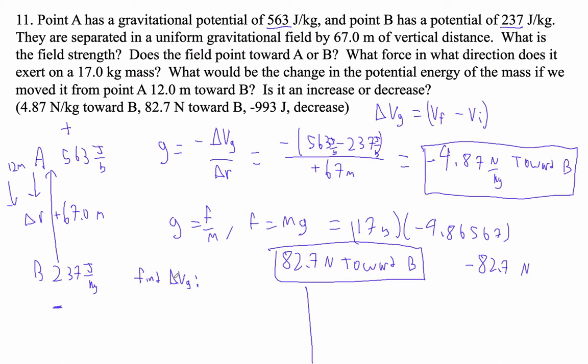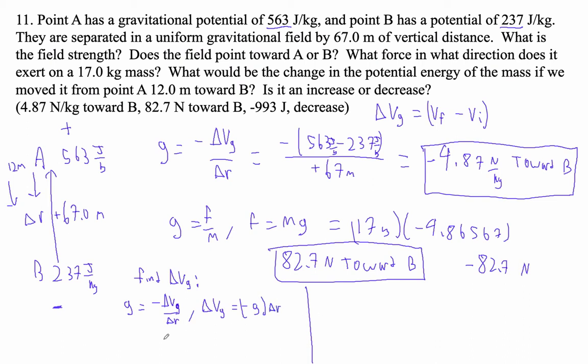Okay, and I'm going to use this guy, that g is the opposite of delta Vg over delta r. So therefore the change in gravitational potential is going to be the opposite of g times change in r.